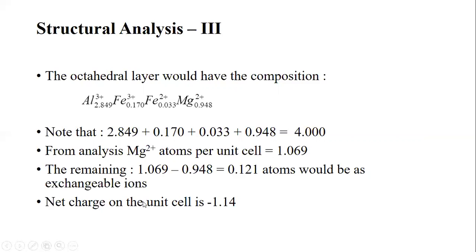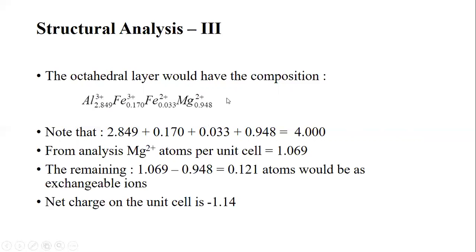So the net charge on the unit cell is minus 1.14. If you calculate the negative and positive, you know how to do it, multiply all the positive with the negative. This one has 3 positive charges each. This one has 3 positive charges each. This one, 2.